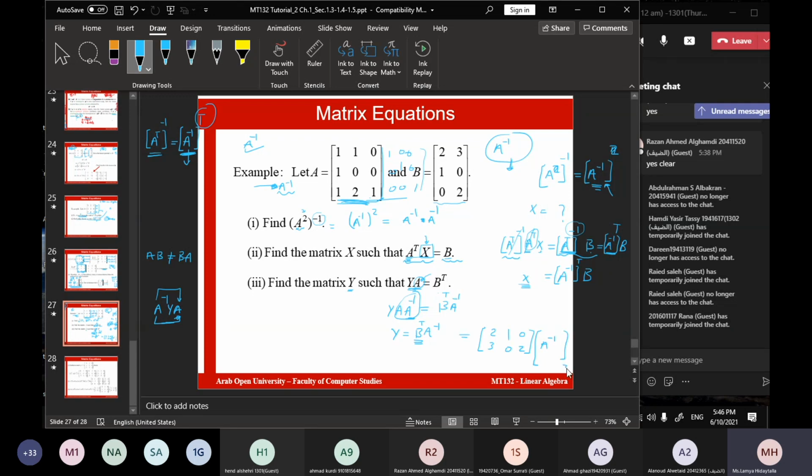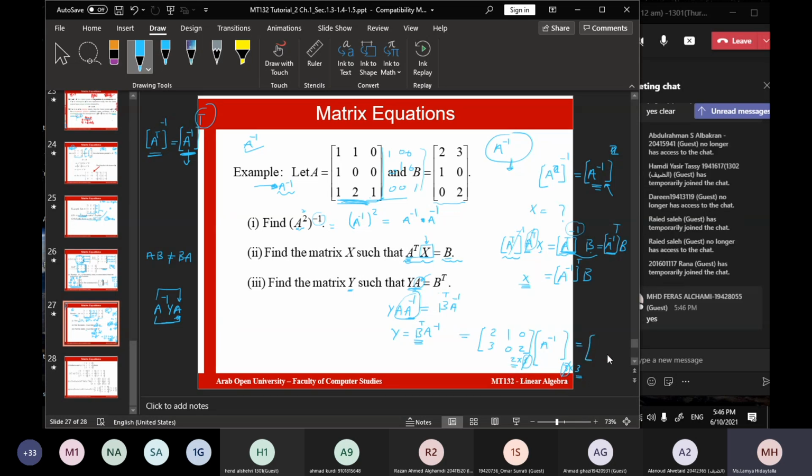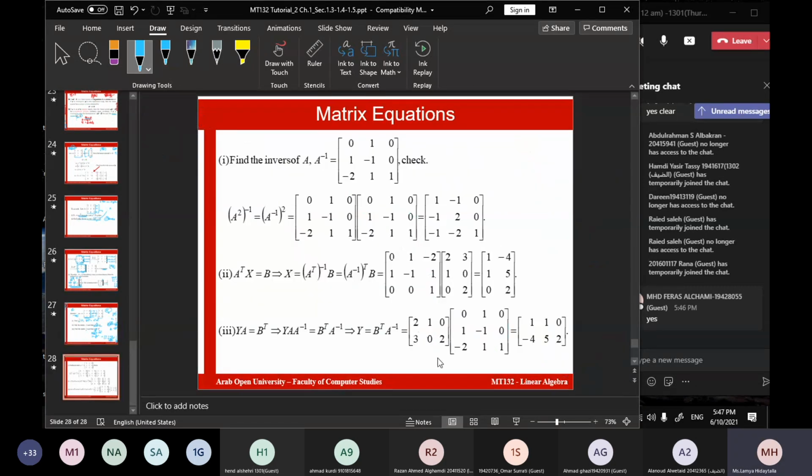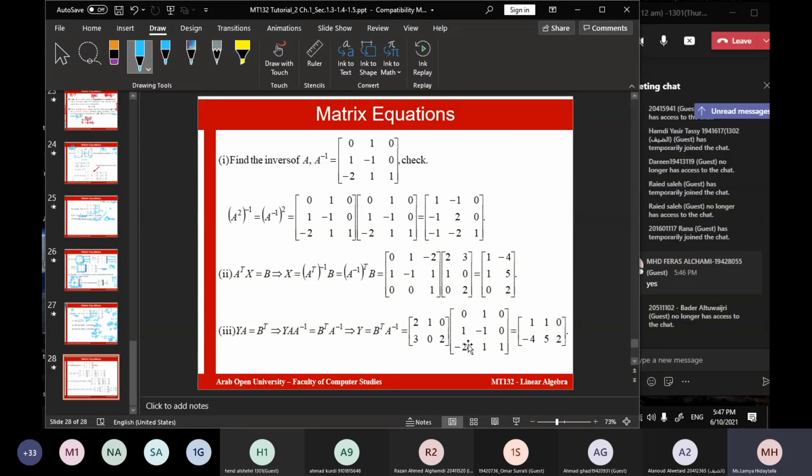It is 3 by 3. Okay. And what about this dimension? It is 2 times 3. Can I multiply? Yes, because this is 3 and this is 3. So what is the resultant matrix dimension? 2 by 3. Let me show you. So this is B transpose, and then times A inverse, and then you do the calculation. You will get this one.